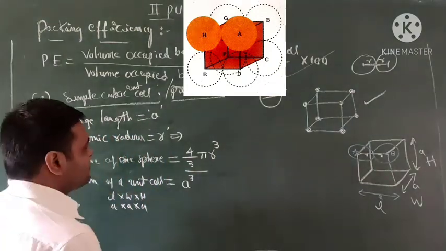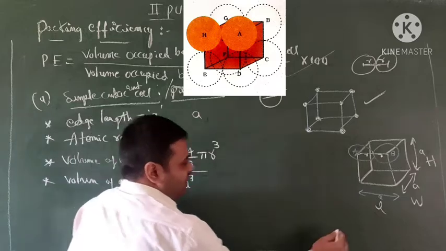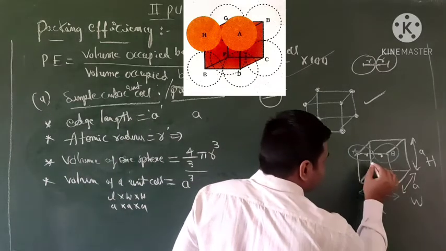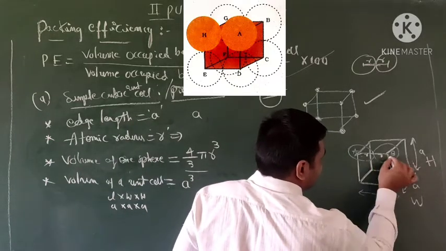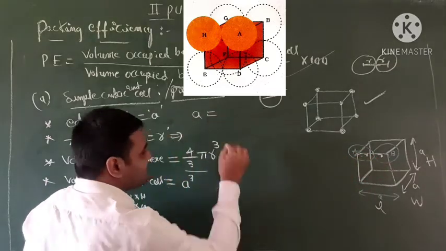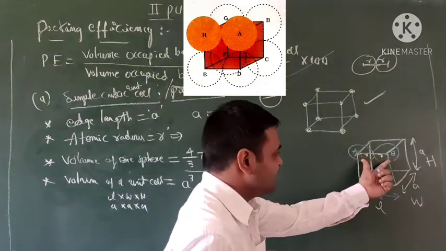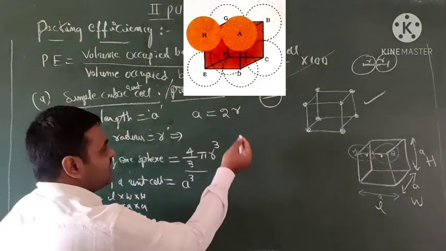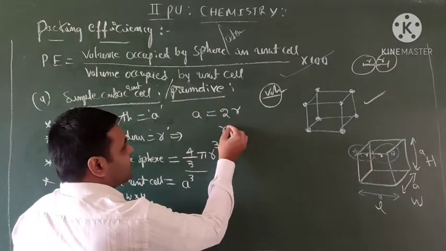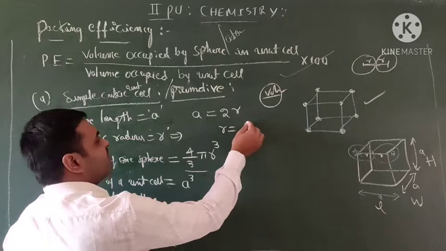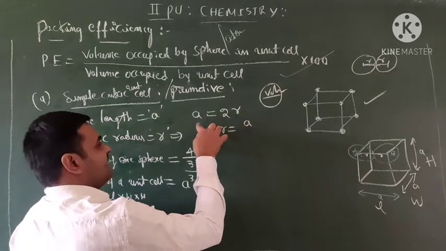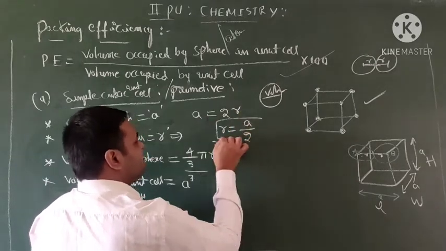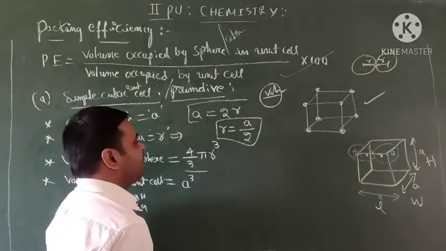Okay students, now one of the edge lengths is how much? It is considered as 2R. Either we get R, then R is A by 2. These are two very important terms.